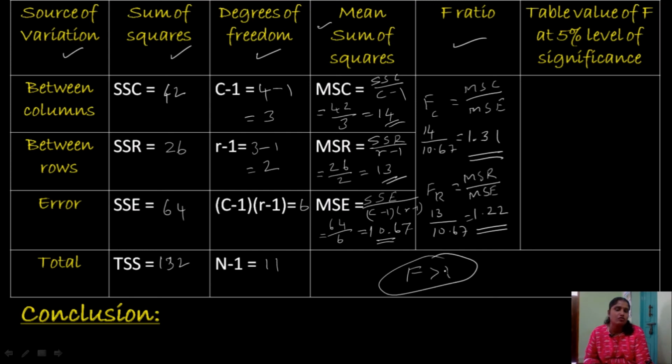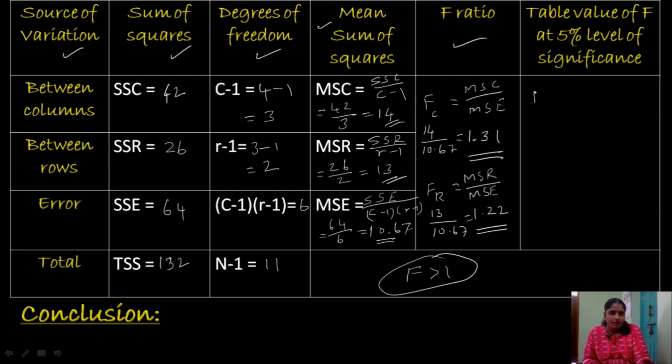So the highest value occupies the numerator, and the second one occupies the denominator of F. Then next, we compare this value with the table value at 5% level of significance.